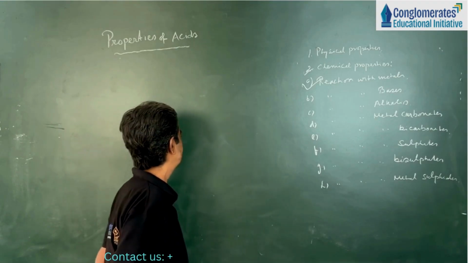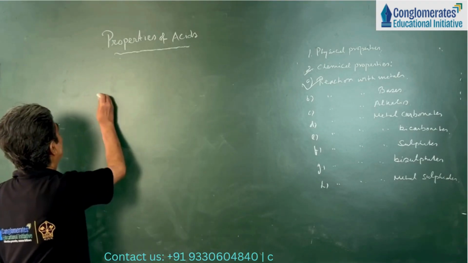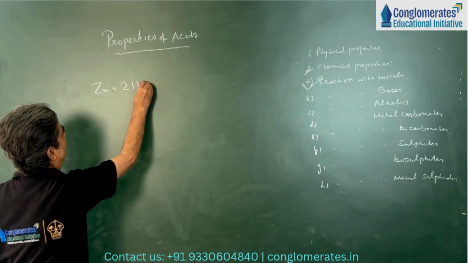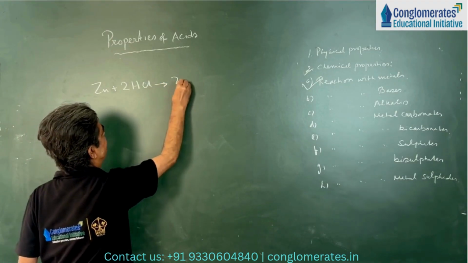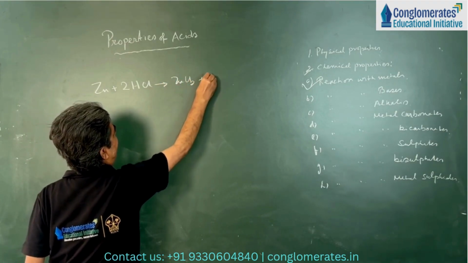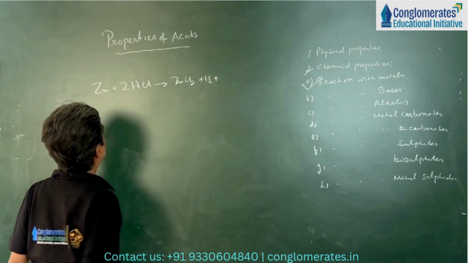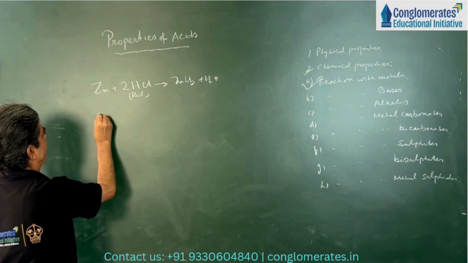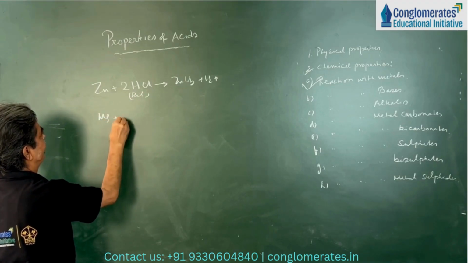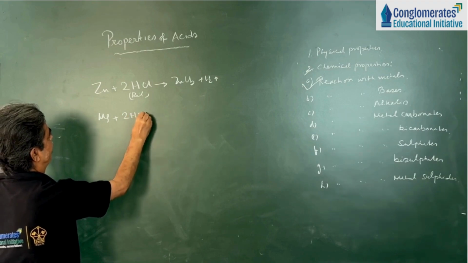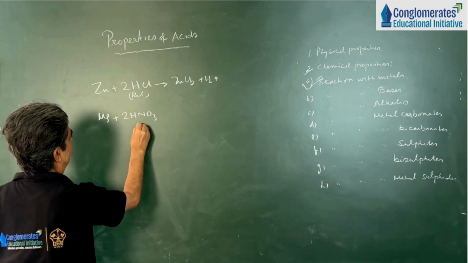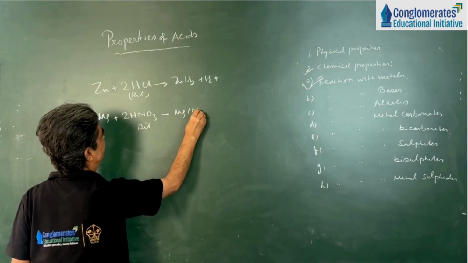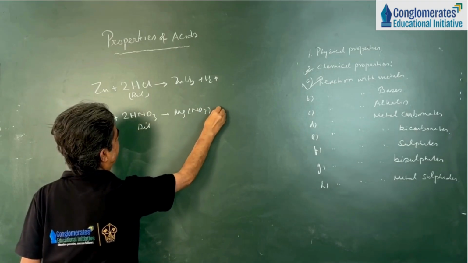Now as examples I can give you: Zn plus HCl, we get ZnCl2 plus hydrogen gas. Okay, this is dilute. Now Mg plus 2HNO3, dilute, they produce Mg(NO3)2 plus hydrogen gas.